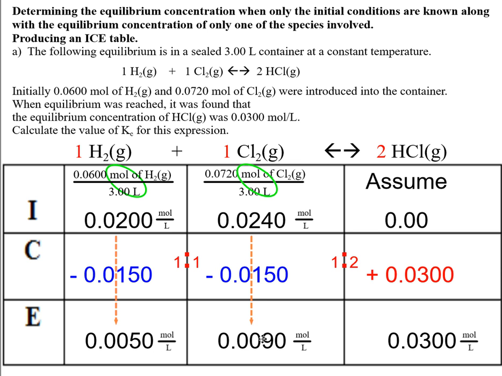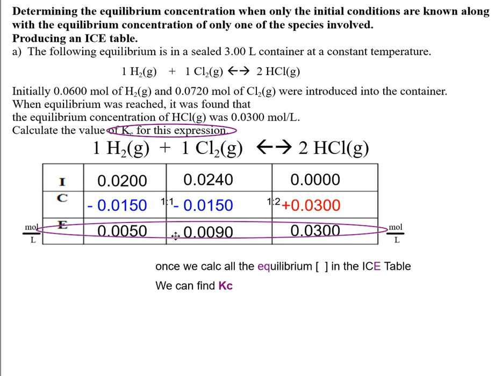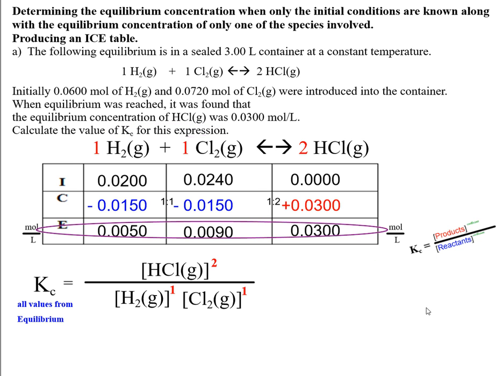So these are the ones that I will use for my equilibrium constant calculation. So I take those values for my E row and put them in my expression, which means products over reactants: the product HCl to the power of 2, and the reactants as a denominator with their exponents, their coefficients, and all these values are at equilibrium.